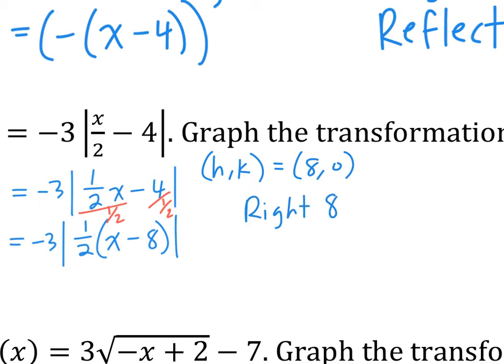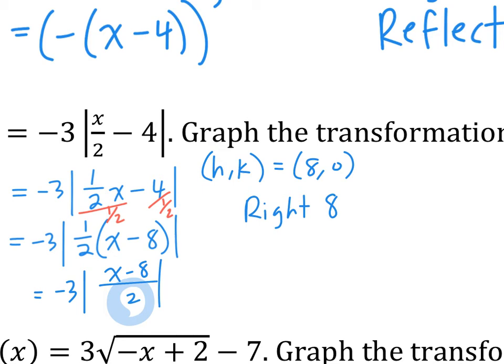That's 1/2. This is the tricky part. I can actually write this like x minus 8 over 2. Right? 1/2 times that is the same thing as divided by 2. Okay, now this 2, is it A, H, K, or C? C. C is a new one, right? C is the number itself, not 1/2.